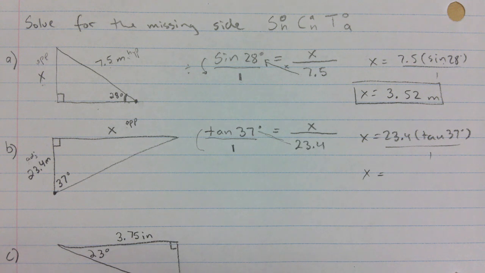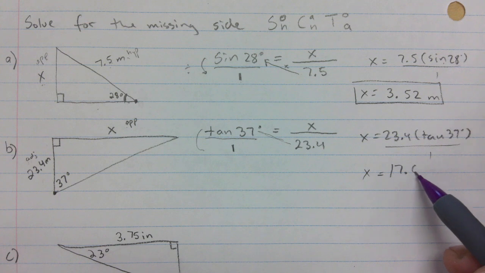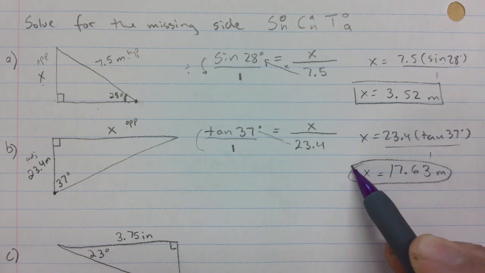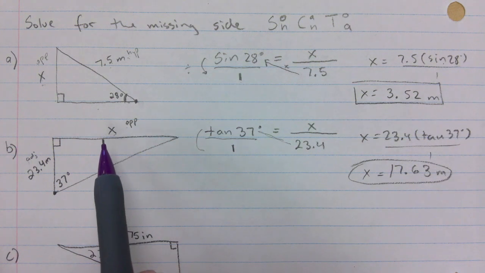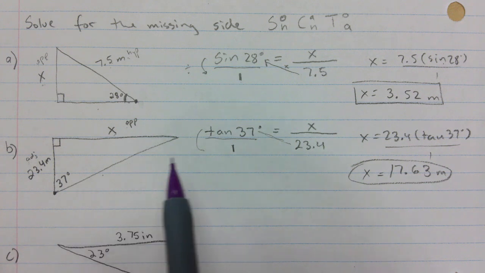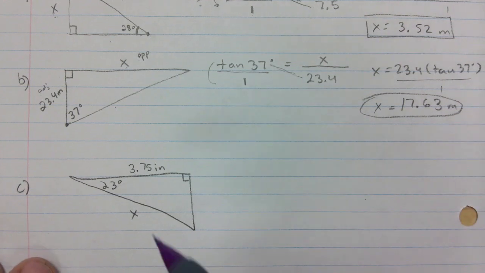And that is 23.4 times tan of 37. That's 17.63. And we are in meters still. So this is 17.63. Could you use the Pythagorean theorem now to find the hypotenuse? Absolutely, you could. All right.